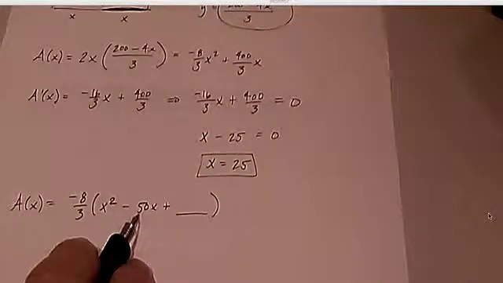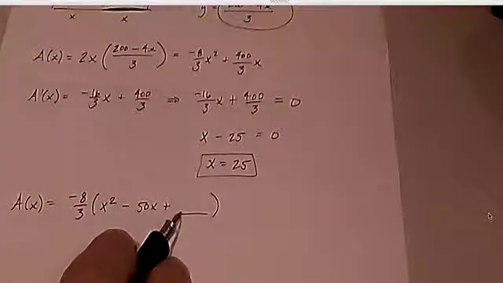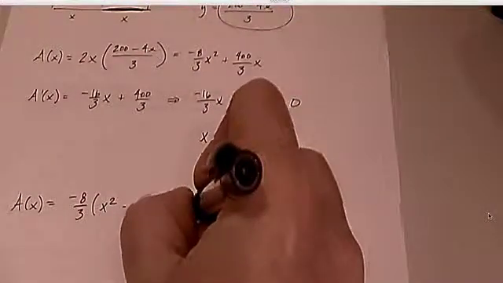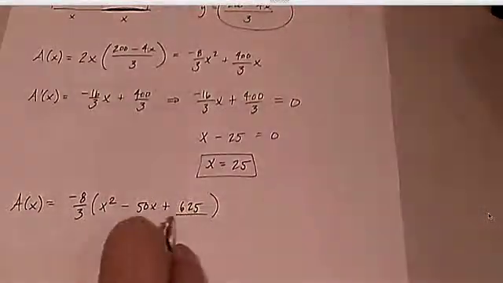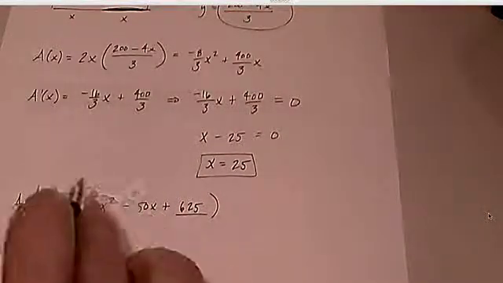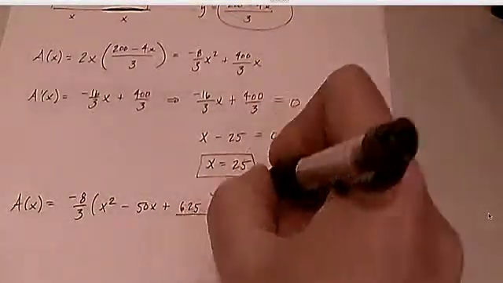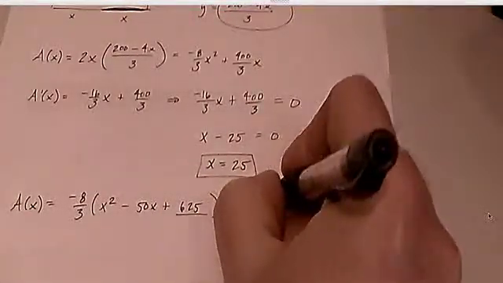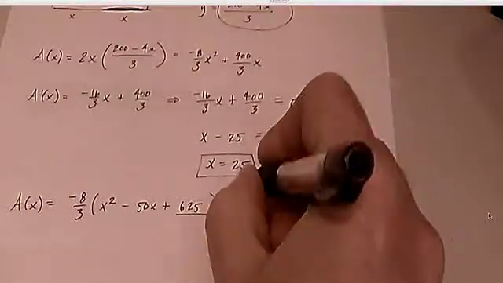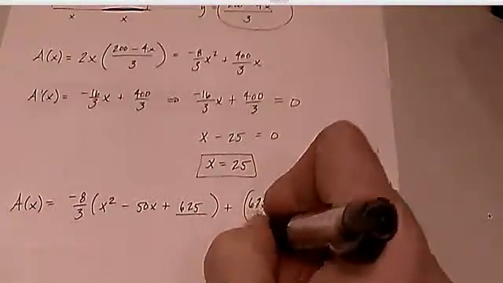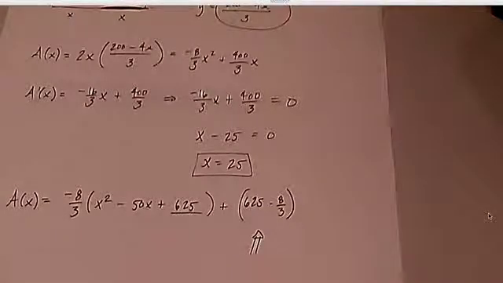Well, that winds up being 25, half of that squared, so that winds up being 625. Of course, that's not really a 625. That's really -8/3 times 625. And therefore, this is whatever 625 is times 8/3. And that right there is your maximum value.